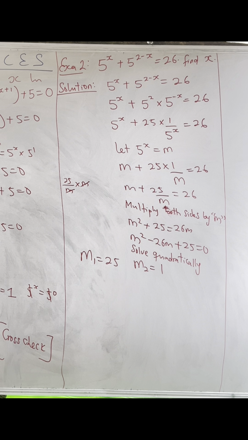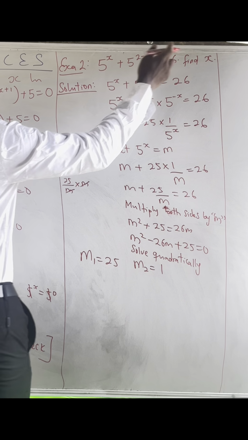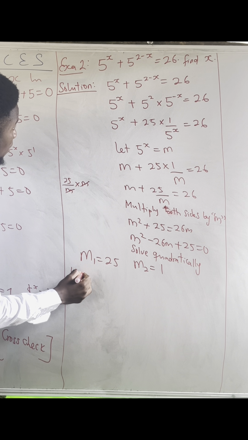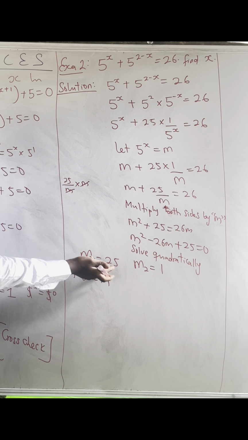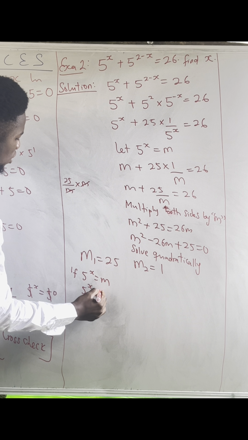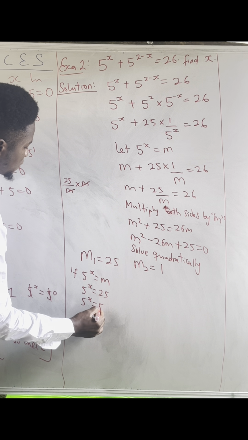Once I've done that, don't forget that what we are expected to look for is x, not m. If 5 raised to power x is equals to m, and my m1 is 25, this expression will change to 5 raised to power x is equals to 25. Then this will be 5 raised to power x is equals to 5 squared.